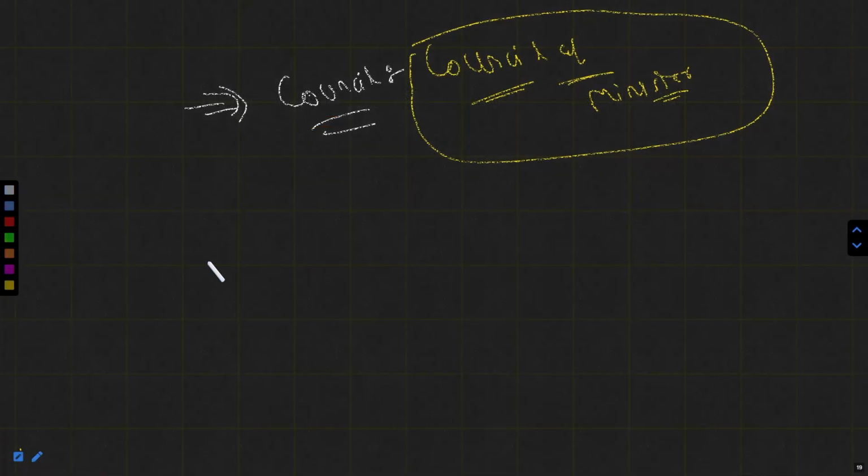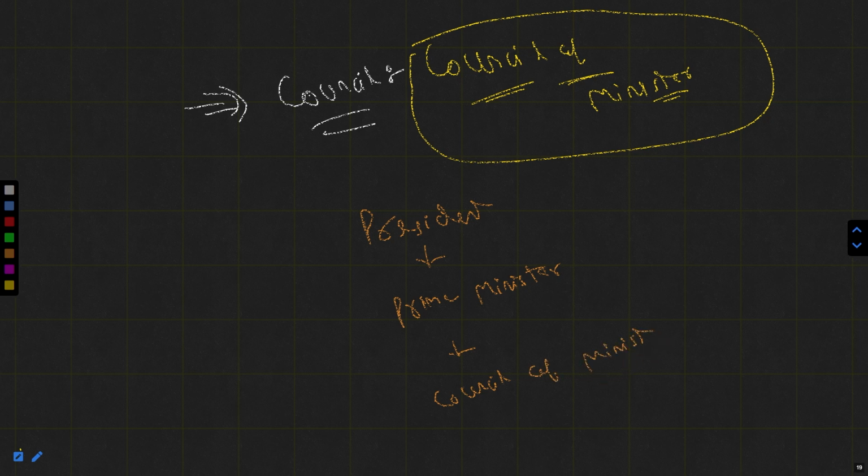Alright, it means that there is a chain like this. President, Prime Minister, and then comes the Council of Ministers.